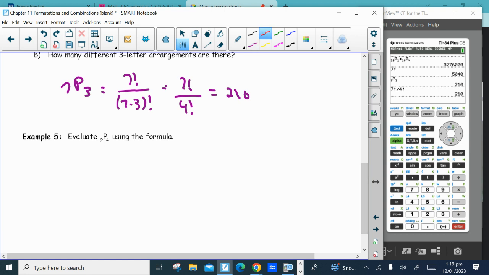Number 5 says use the formula to evaluate that. So 9p4 would be 9 factorial over 9 minus 4 factorial, or 9 factorial over 5 factorial.